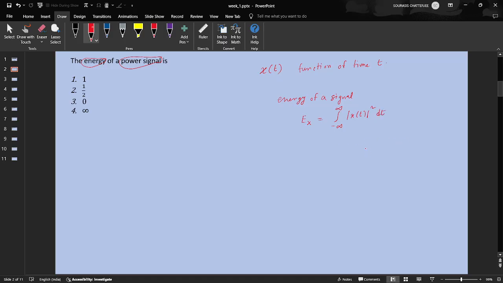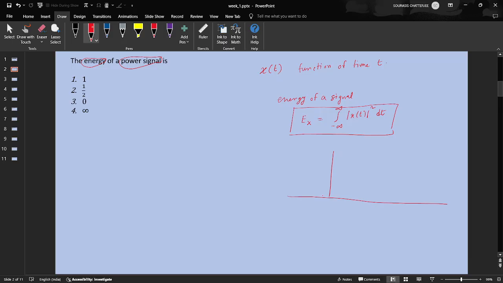So this is the math part, what we are going to obtain. Let's think once from an intuitive perspective about what we exactly mean by energy of a signal.